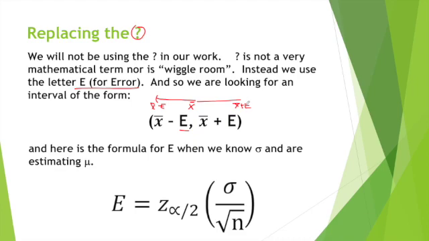And this is the formula for E when we know our standard deviation and are estimating our population mean. It's Z sub alpha divided by 2, which is our confidence level, we made a table of those, times sigma over the square root of n, where sigma is the standard deviation. And remember, we divided by the square root of n when we were looking at the distribution of sample means.